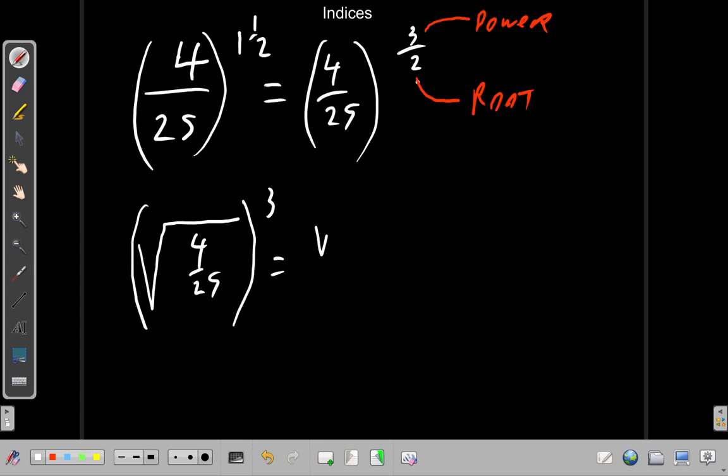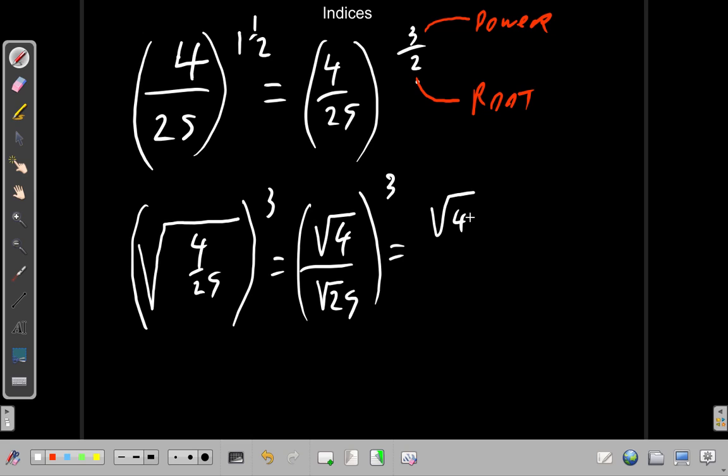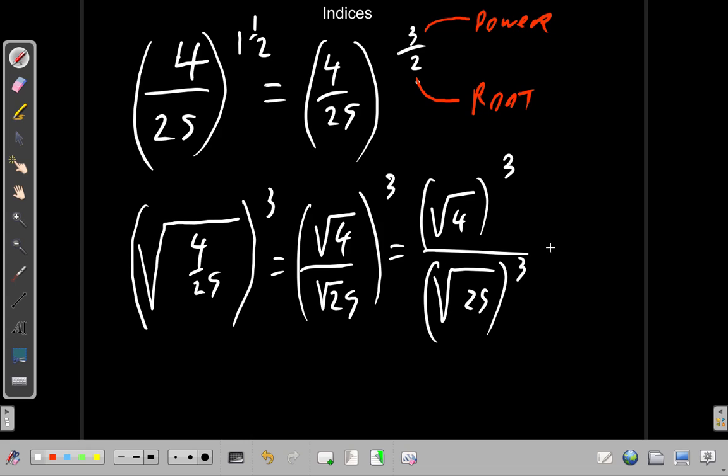This is the square root of 4 divided by the square root of 25, to the 3, which means the same as the square root of 4, raised to the power of 3, over the square root of 25, raised to the power of 3. You see that? The square root of 4 is 2, so it's 2 to the 3, over the square root of 25, which is 5, so it's 5 to the power of 3.